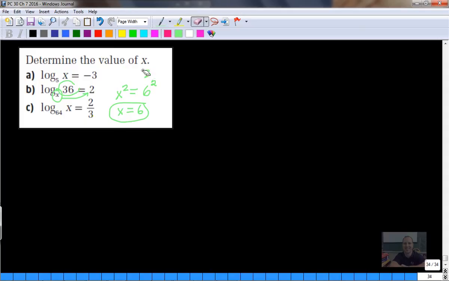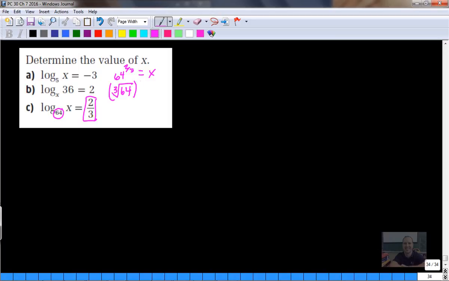Okay, and this one last example we'll do here, maybe a bit trickier, but again, start with your base, 64 to the power of, we have a fraction, 2/3 equals x. Okay, what's the cube root of 64? And if you are wondering what to do, remember that the denominator of a fractional exponent is actually the index of the root.